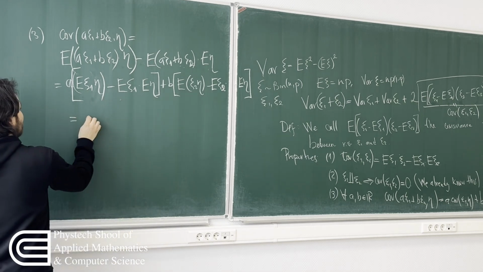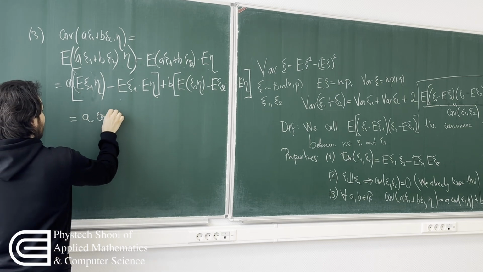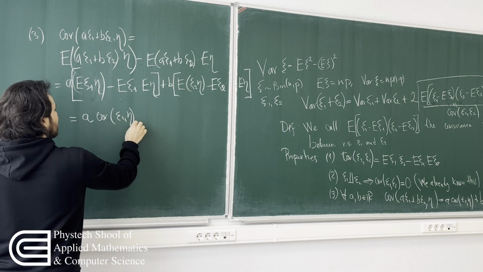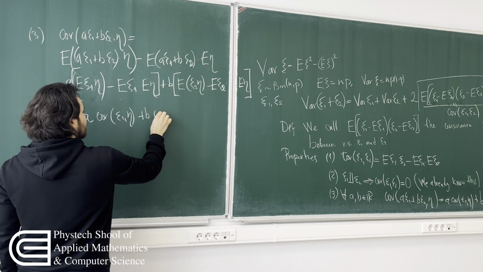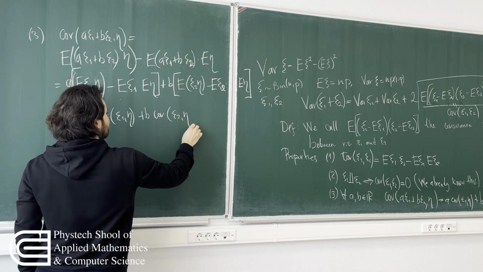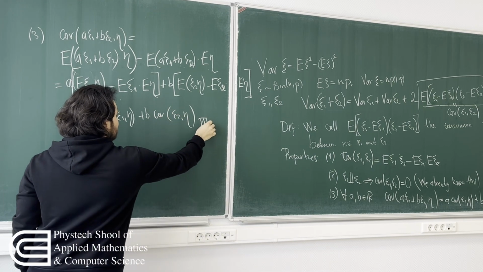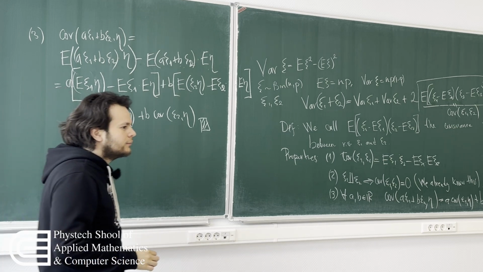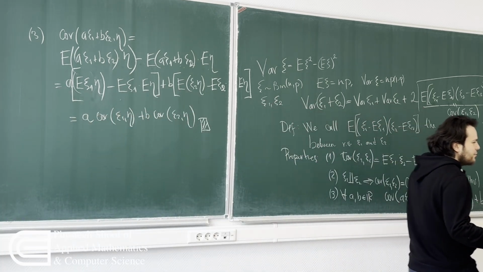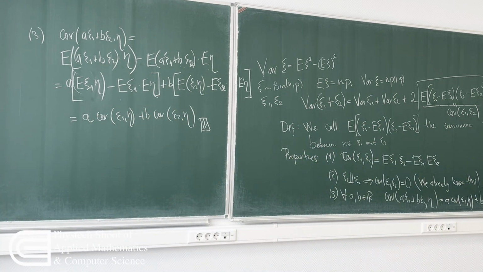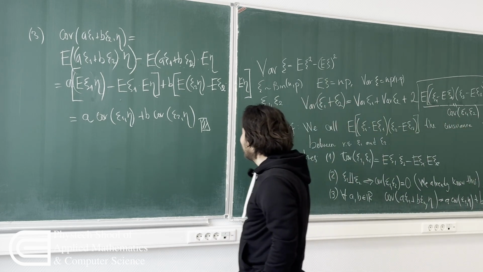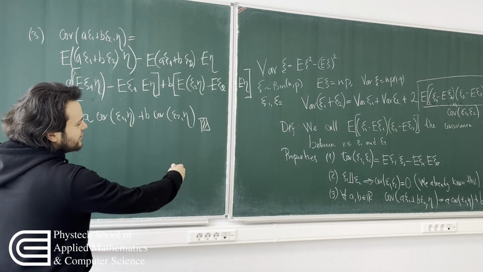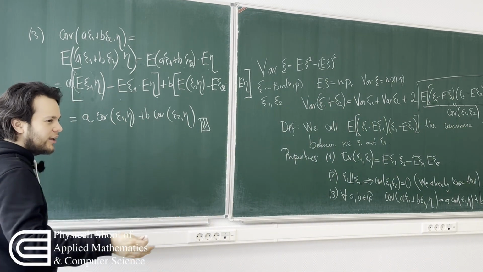So this is equal to A times the covariance between xi1 and eta plus B times the covariance between xi2 and eta. That's it, we proved it. So this is very simple to do. The difficult thing here is not the proofs, but how to apply these to problems. That's where things get interesting. Right now, it's just linearity everywhere.